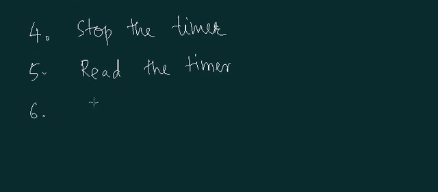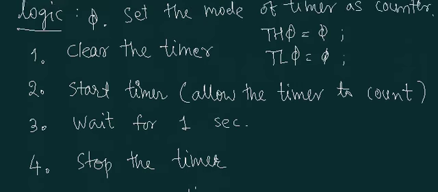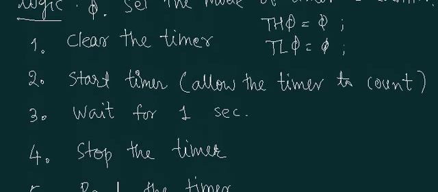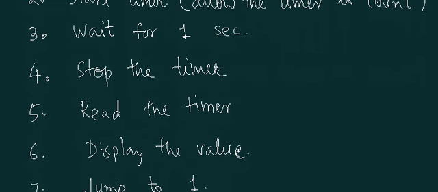After reading, display the value. Right. After displaying the value, what to do? Jump to 1. So, it will again clear the timer, again start the timer, again do the same thing, right.